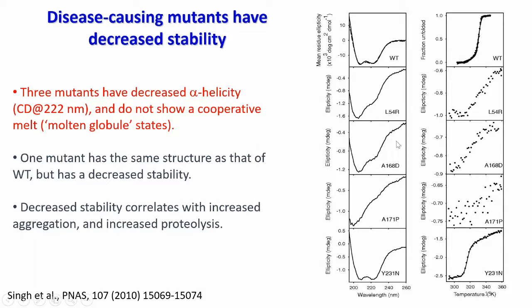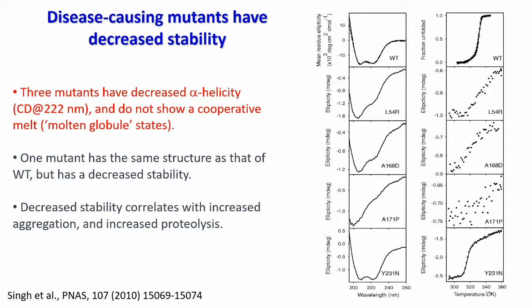These three mutants are more like molten globule states, with minimal alpha helical structure but increased random coil structure. Compare the fourth one, Y231N, where you still see minima at 208 and 222 nanometers.